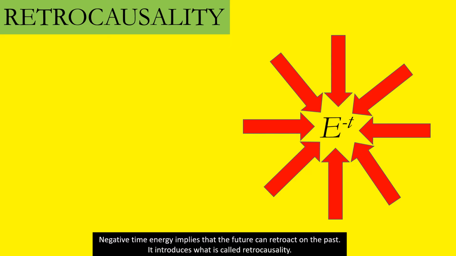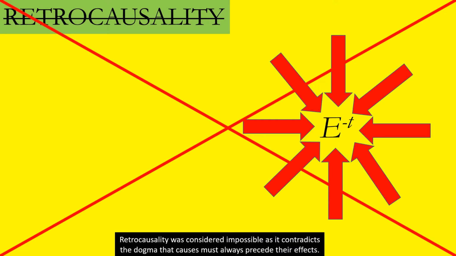Negative time energy implies that the future can retroact on the past. It introduces what is called retrocausality. Retrocausality was considered impossible as it contradicts the dogma that causes must always precede their effects.